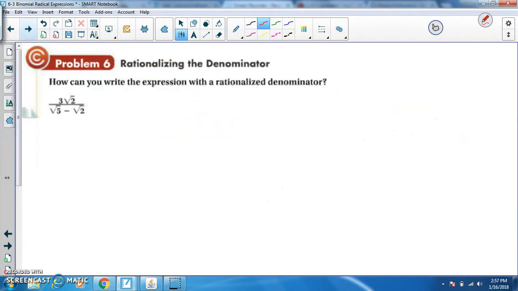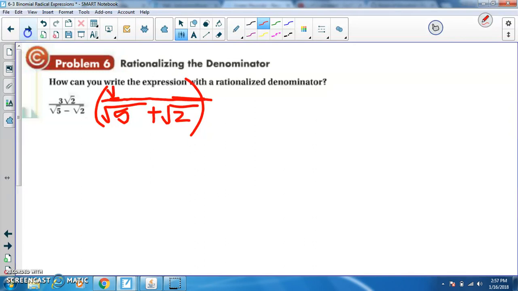In order to rationalize a denominator with a binomial as our denominator, we have to multiply by our conjugate, which is just taking the opposite sign.